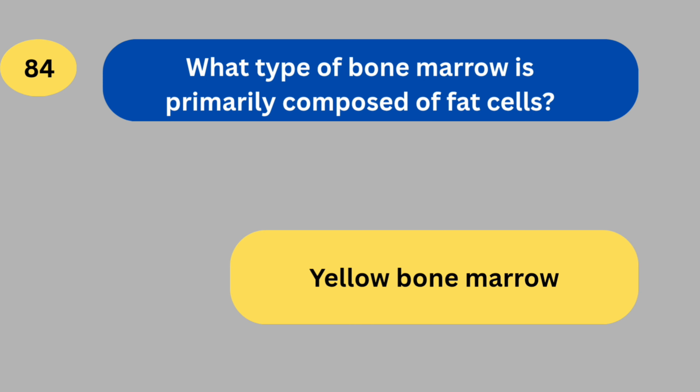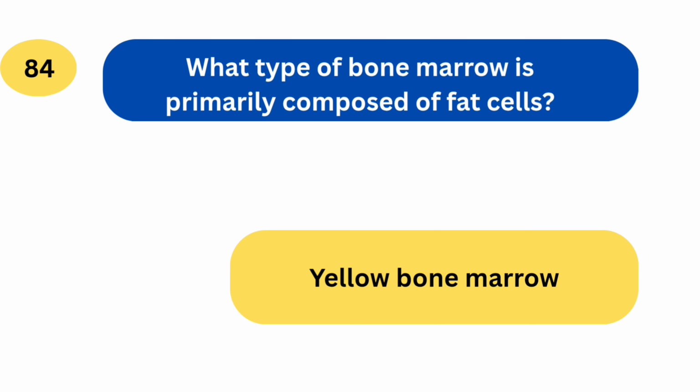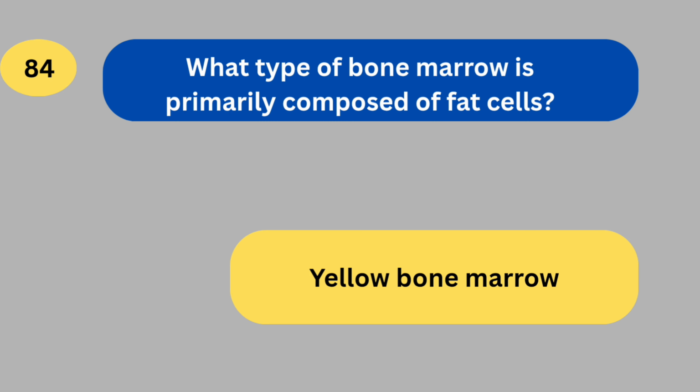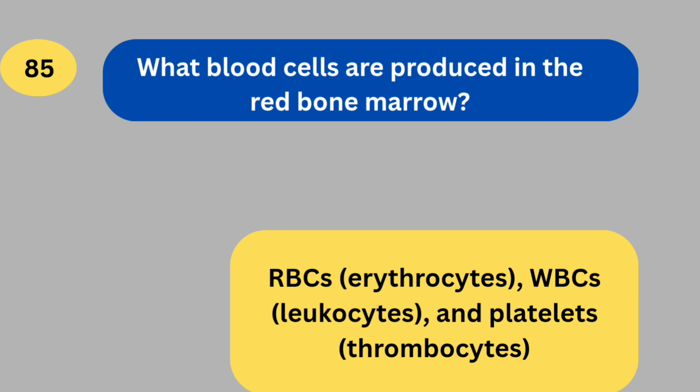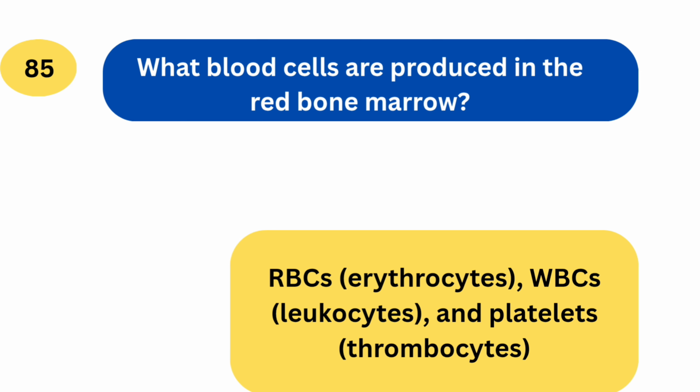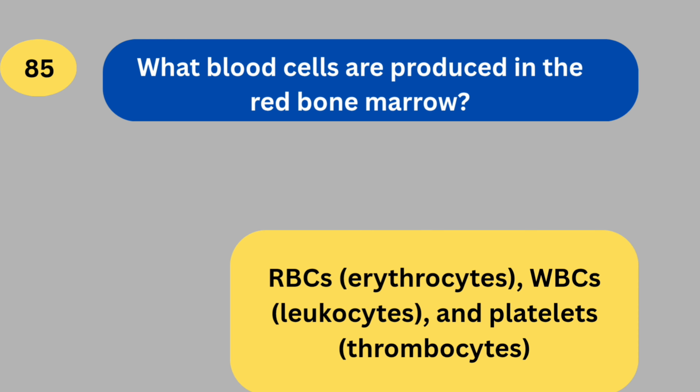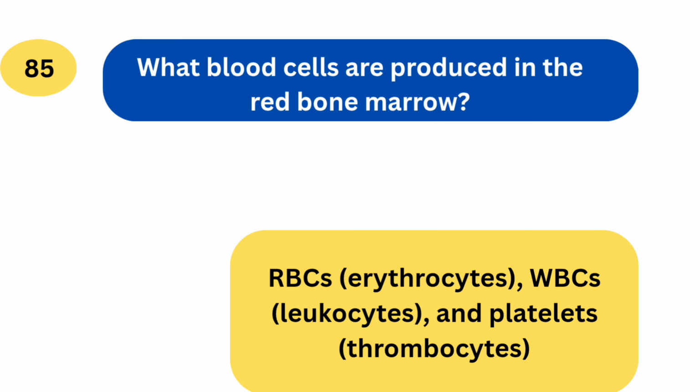Next question. What type of bone marrow is primarily composed of fat cells? Answer: yellow bone marrow. Next question. What blood cells are produced in the red bone marrow? Answer: red blood cells, erythrocytes, white blood cells, leukocytes, and platelets, thrombocytes. Next question.